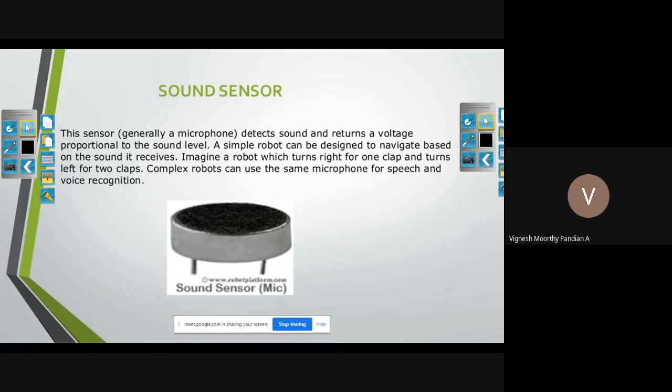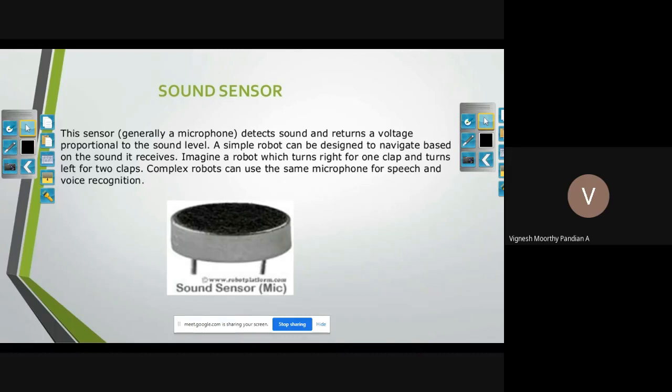Next one is the sound sensor. This sensor generally detects sounds and returns a voltage proportional to the sound level. A simple robot can be designed to navigate based on the sound it receives. These robots work by detecting the sounds they get.